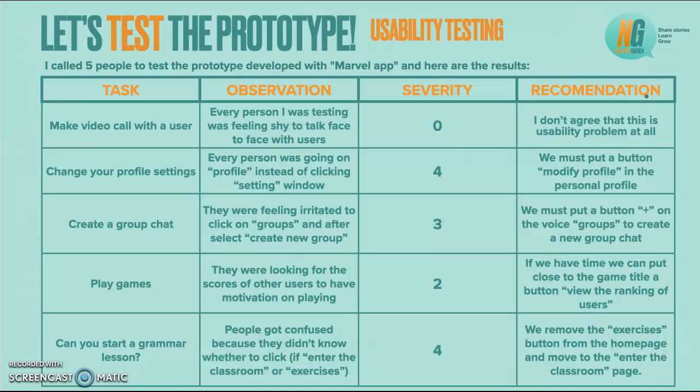I asked them, for example, to create a group chat, and they were pretty annoyed to go into the group section and then select create new group, and this was another problem to solve. About playing games, everybody was complaining that I didn't put the option to check the scores of other users.